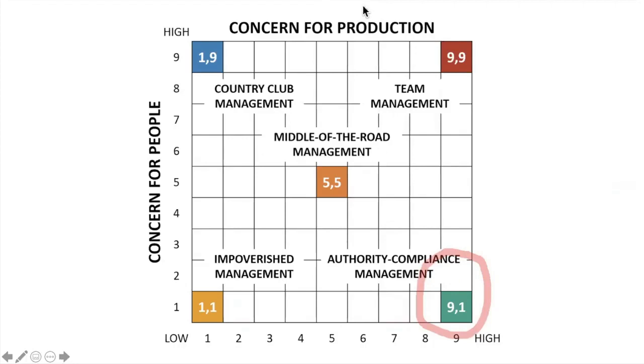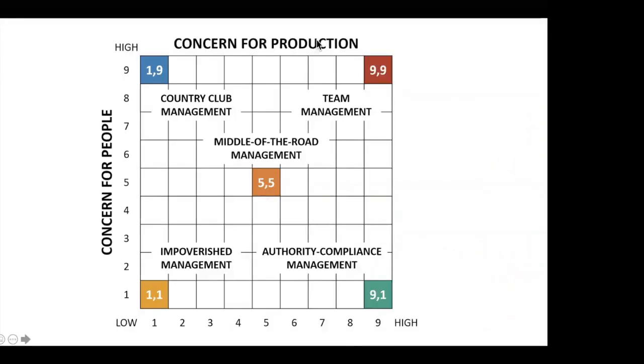And this means basically that Renata does not have a lot of good concern for people, but she does have a concern for production, which means that she is more authority and compliance oriented. So give me a moment to erase this and let me go back to the options we have.